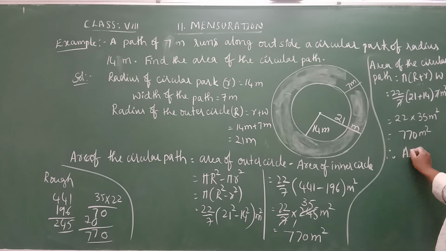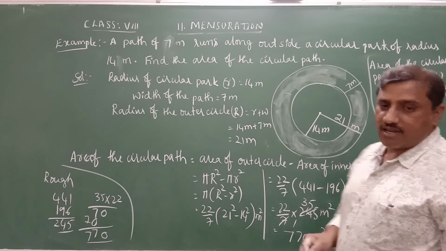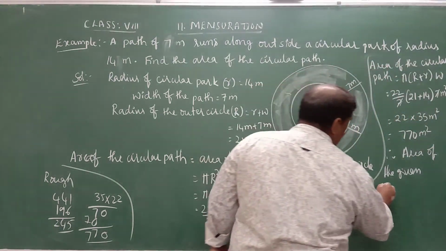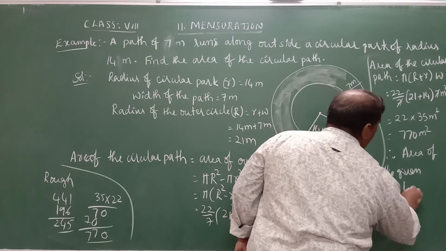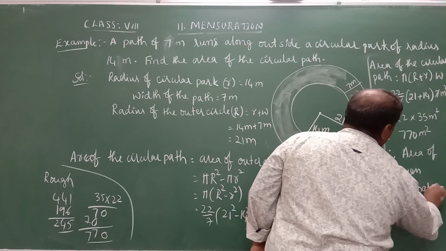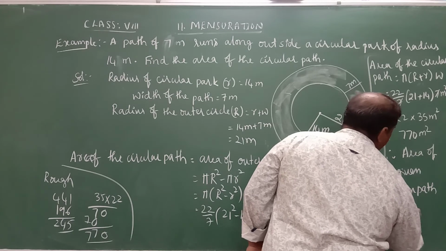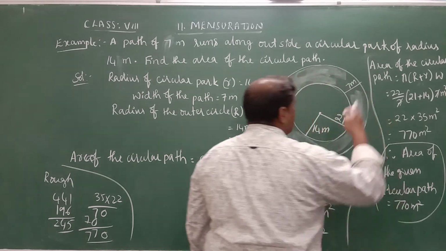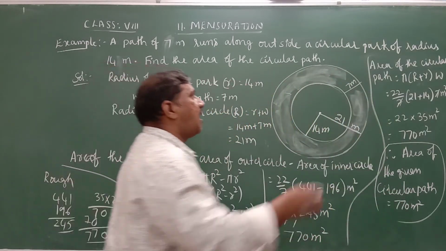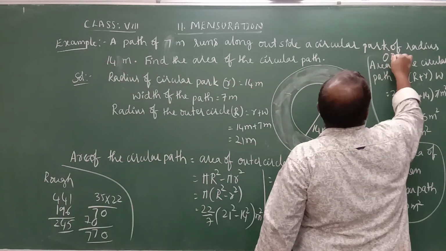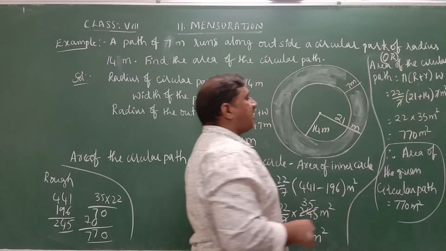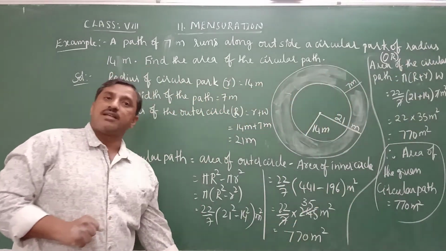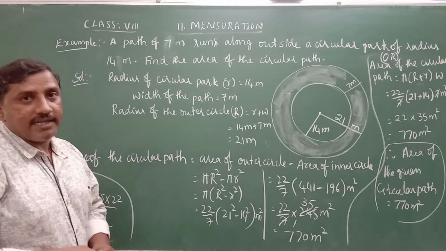Therefore area of the given circular path is equal to 770 meter square. So we can use this formula also and find it out. This is the other way we can find the area of the circular path. In both ways we get the same area.